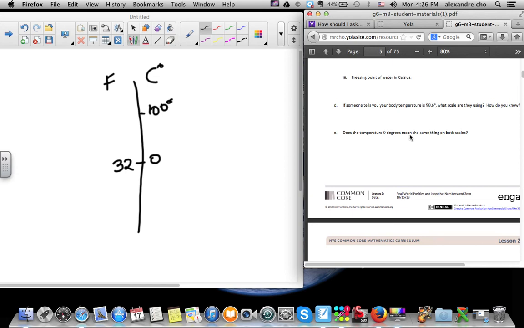Does the temperature 0 degrees mean the same thing on both scales? No, it does not. 0 Celsius means 32 in Fahrenheit, and 0 Fahrenheit is much colder weather in Celsius.